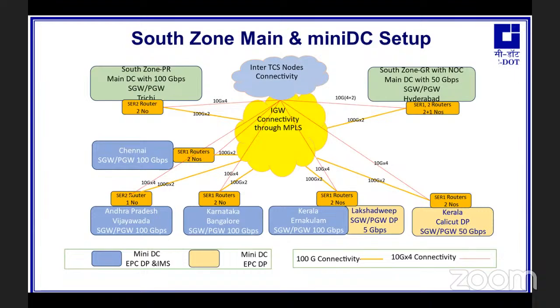Then there is the management Dell switch, then the HP switch, then the spine routers R1 R2, and it will be connected to the BSNL ACR router. So the C-DOT router to ACR router connectivity is as of now 10G. And the ACR router also has a 100G port connected.